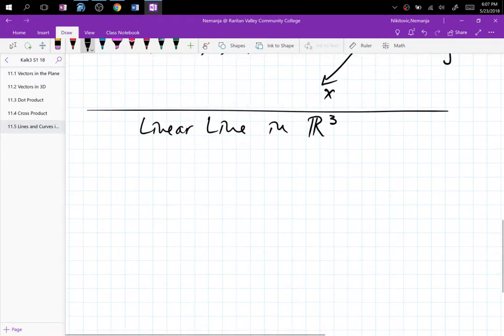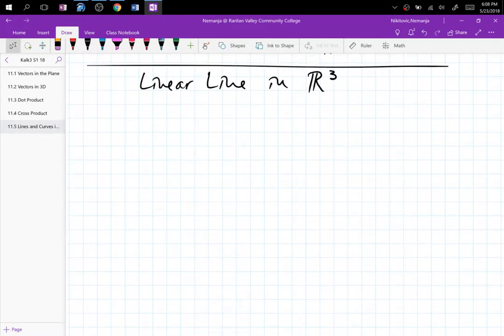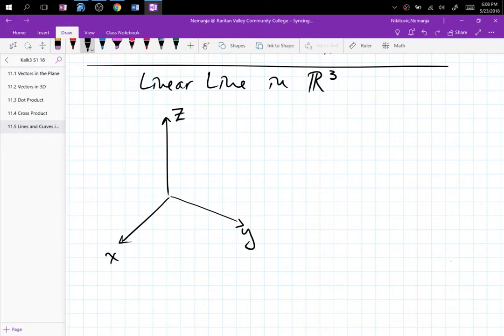So we are going to start with the coordinate system.